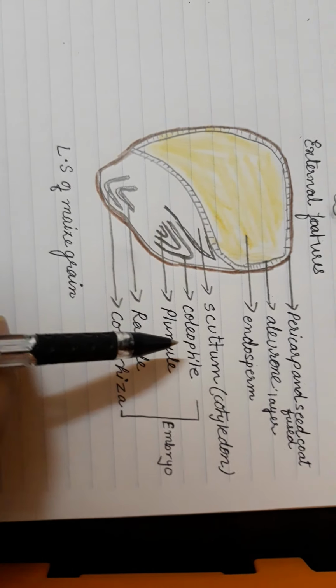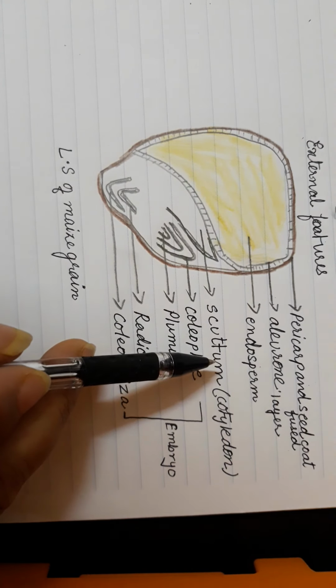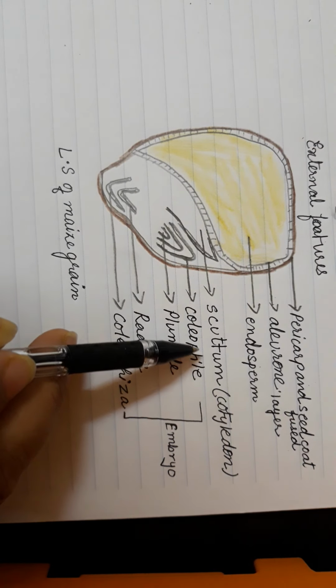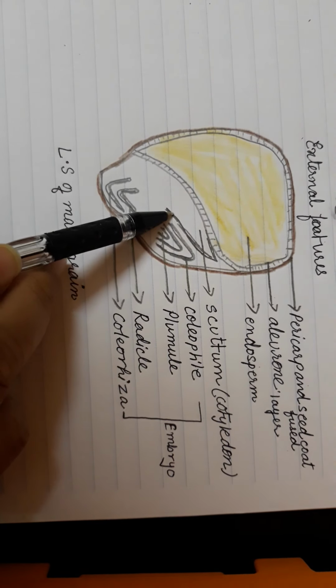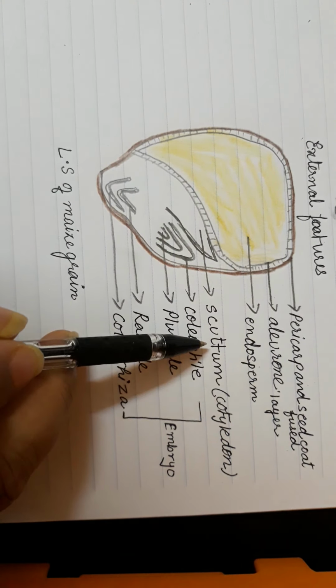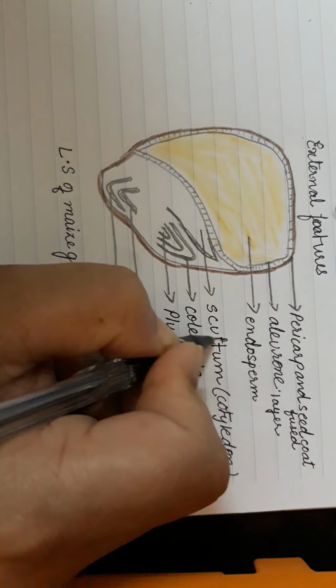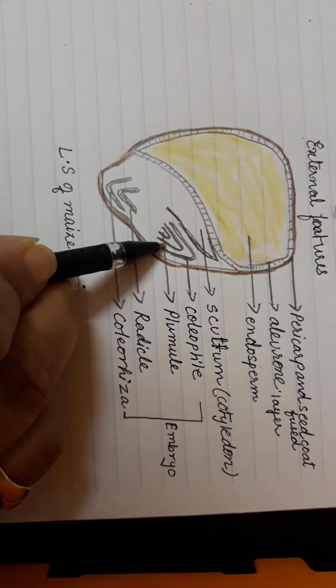Then we have a cotyledon. It contains a single cotyledon. It is papery and shield shaped, and it is called scutellum. Then we have a plumule.